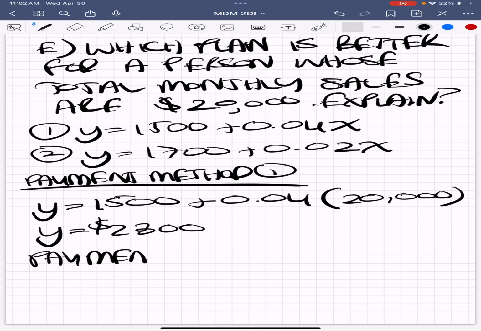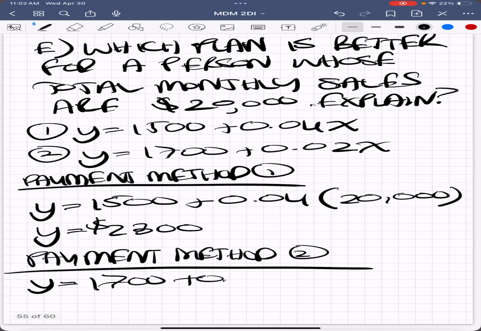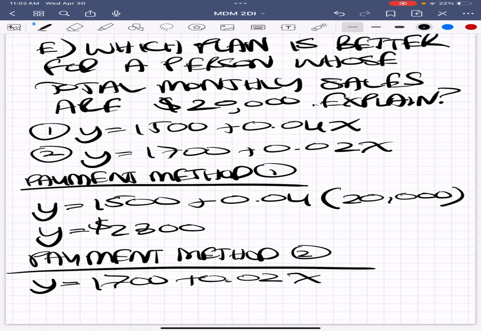Payment method 2: y equals 1,700 plus 0.02x, x being $20,000.